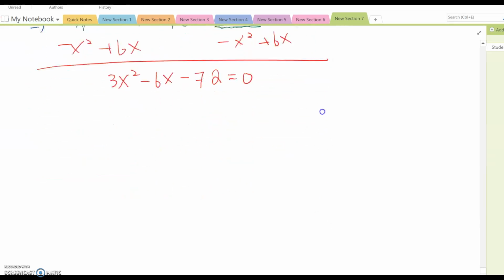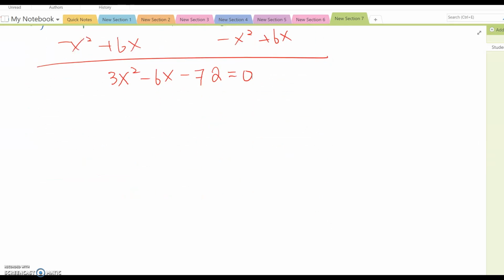As you see, this is trinomial factoring again. So we try to factor this one. Before that, can you see a common factor among all 3 terms? Then you better do it first. So we can simplify this one by 3 first. Then x squared minus 2x minus 24 equal to 0.